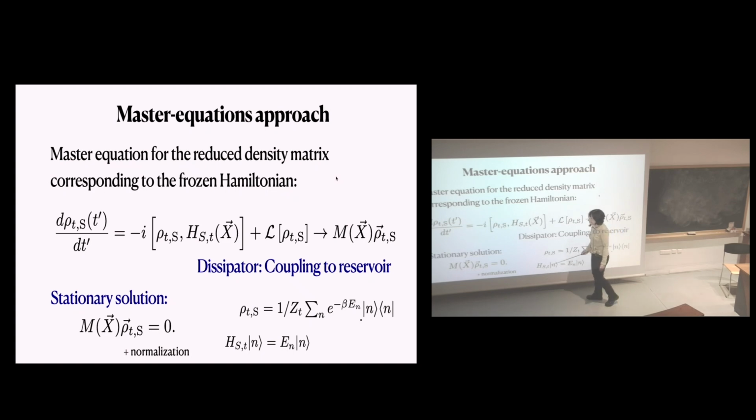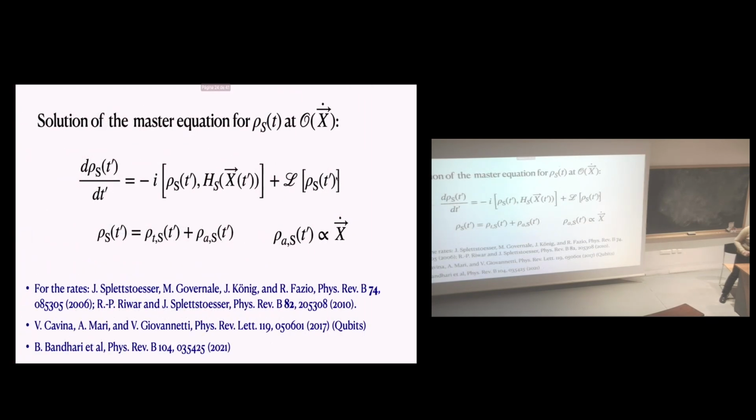This looks like a not well-defined equation, but if we also introduce the normalization, we will have a well-defined linear equation from where we can calculate all the elements of our density matrix, which are, as I said, collected in that vector.